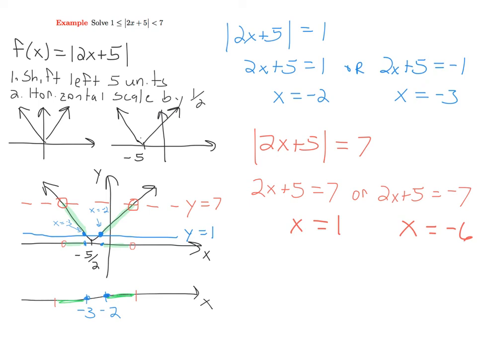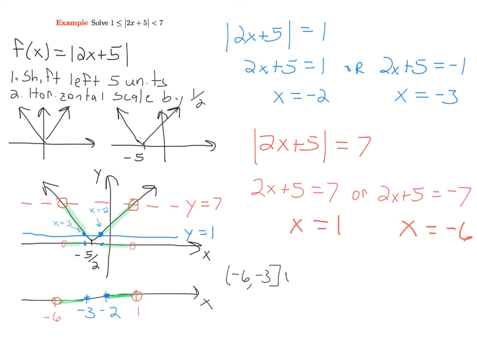So coming back to our number line, we now know where these open dots are, where we intersect the dashed line, namely the one on the left occurs when x is equal to minus 6, and the one on the right occurs when x is equal to 1. So writing this out in interval notation, the solution here is going to be all x values strictly bigger than minus 6 and less than or equal to minus 3.